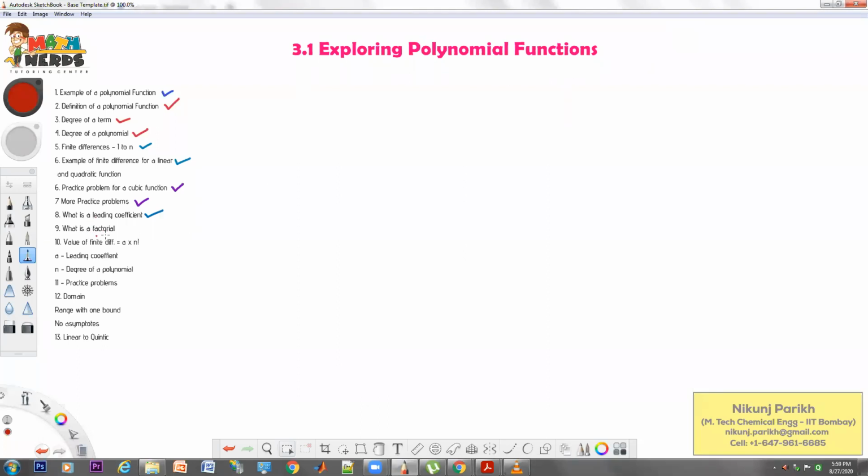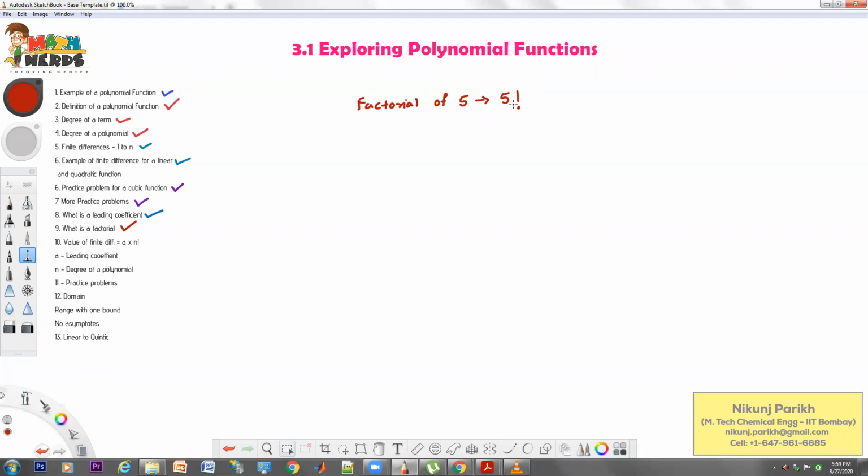Next is, what is a factorial? Factorial of a natural number. So any number, let us say 5. Factorial of 5 is represented as 5 and then an exclamation sign.